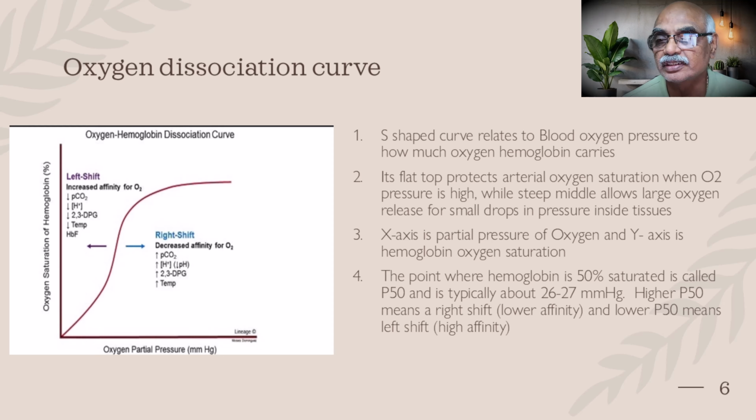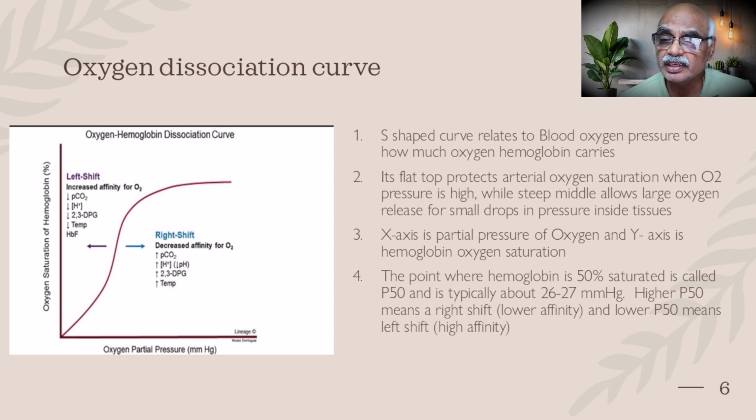It takes in oxygen. I repeat again, there is always a midpoint in the curve, the 50% point, which indicates the hemoglobin is 50% saturated. It's called P50. This occurs typically at around 26 to 27 millimeters of mercury.